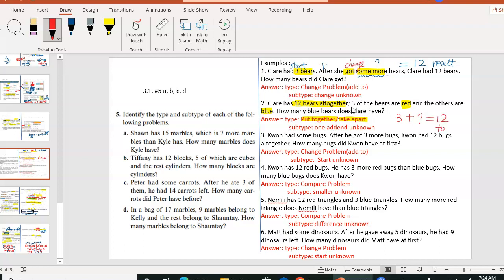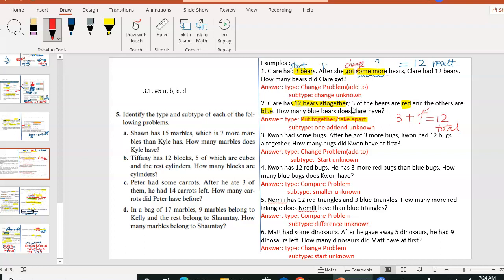So 12 is the total number of bears she has, and if we separate the blue ones from the red ones, how many blue ones do we have? So this is a take apart. When we say take apart, we mean we take the red ones and the blue ones and separate them. But you can just say put together and take apart.